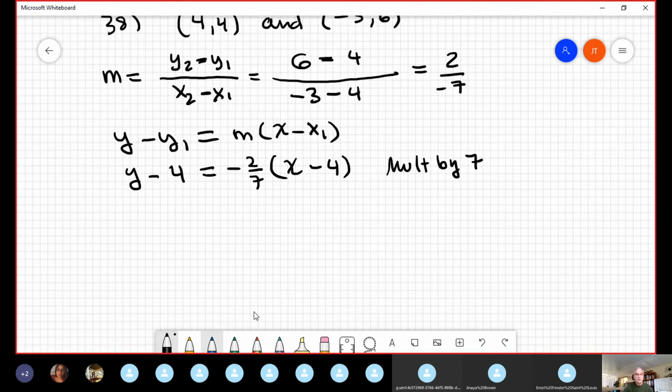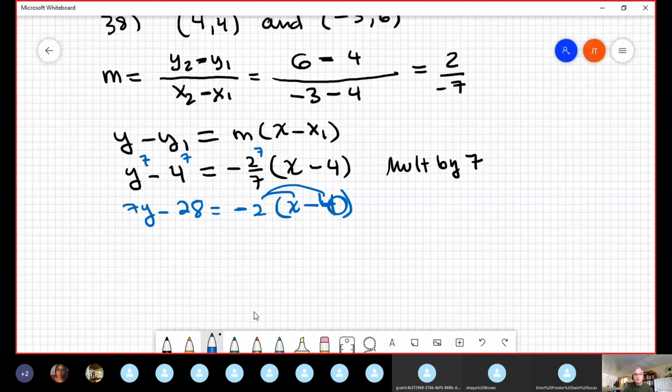Multiply by 7. Let me use another color. 7, 7, 7. 7y minus 28 is equal to -2 parenthesis x minus 4. You apply the distributive property: minus 2x plus 8, because negative times negative is positive.